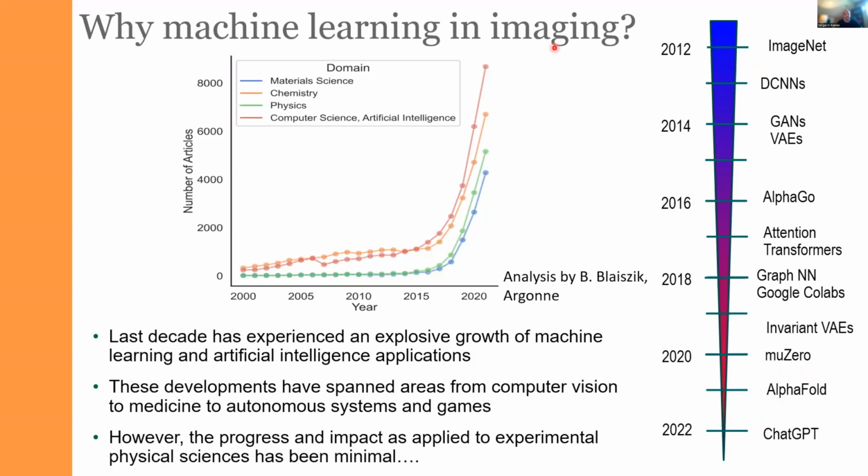What is very interesting is that these developments span the areas of classical computer science, from computer vision to medicine to autonomous systems and games. But at least so far, the progress and impact on the experimental physical sciences have been relatively small.